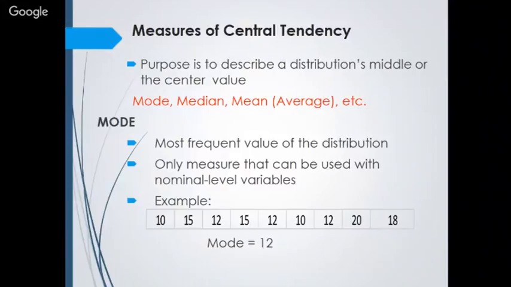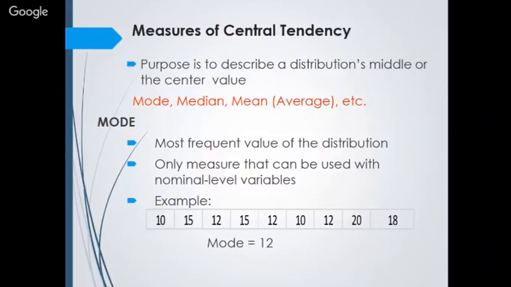The purpose of measures of central tendency is to describe a distribution's middle or center value. Suppose we take the example of service cost we already discussed. We have 30 service costs there. We already discussed presentation methods, the graphical method and the table method. One more method is the central tendency method. We can calculate a central tendency measure and present it, for example, as the average cost.